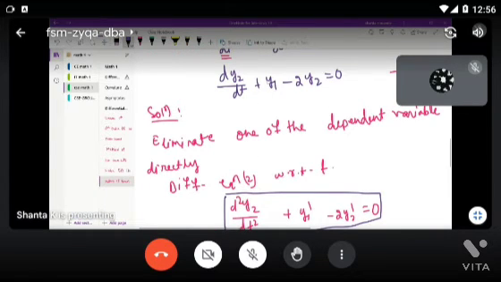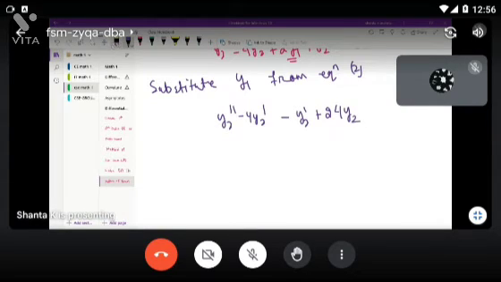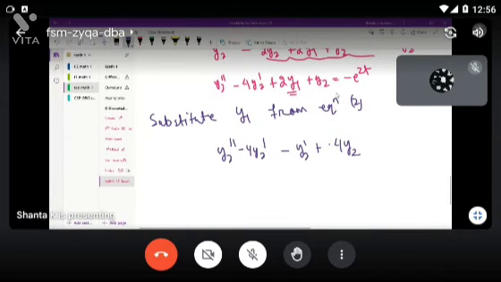It is minus y2 dash plus 2y2. Minus y2 dash plus 2y2, so 2 into 2 is 4. Then finally we have plus y2 equals minus e power t. Is it right? Just look at the substitution.